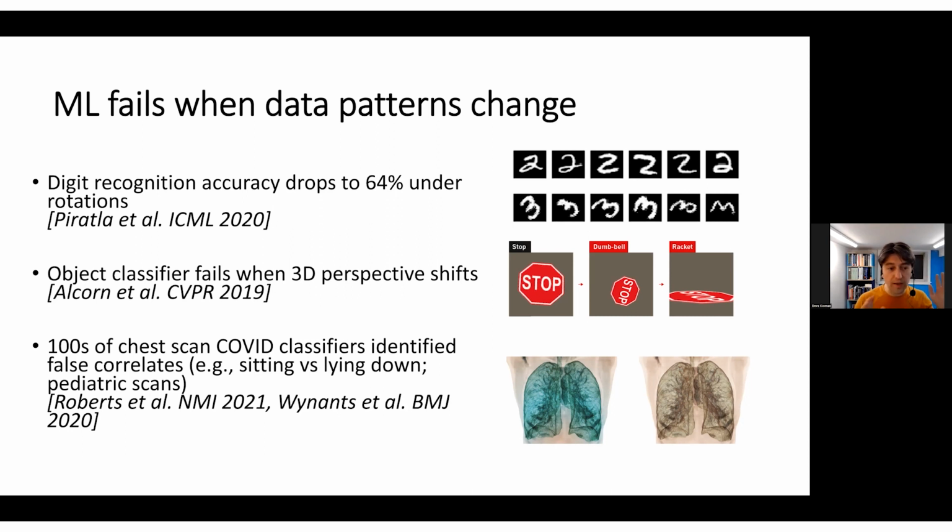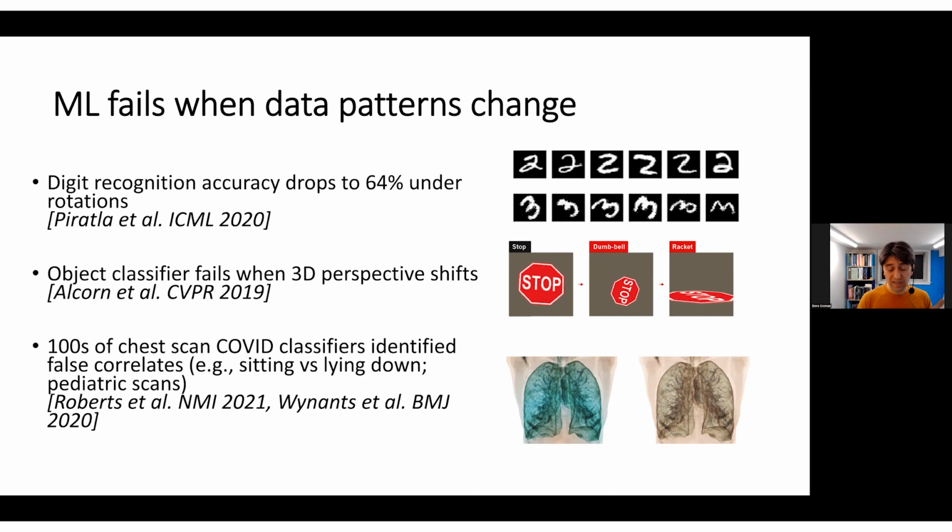And later studies looking at these hundreds of machine learning models that people built found that none of these models were actually fit for use. None of them could be deployed in the real world. And many of these models actually failed because of false correlations or spurious correlations.